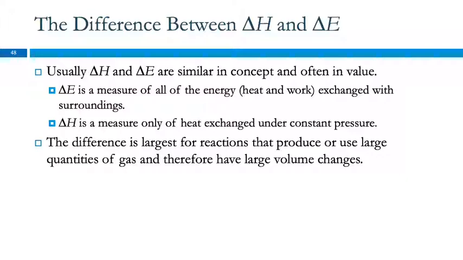The only time this difference becomes significant is if you have a reaction that produces a large amount of gas, so you get a big volume change, or something that uses up a large volume of gas, again with the big volume change. But that's not usually what happens. Usually any volume changes are quite small, and so the work is not really significant.